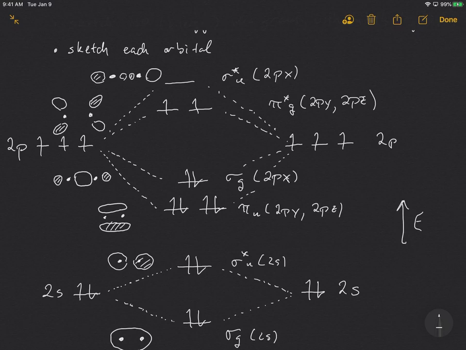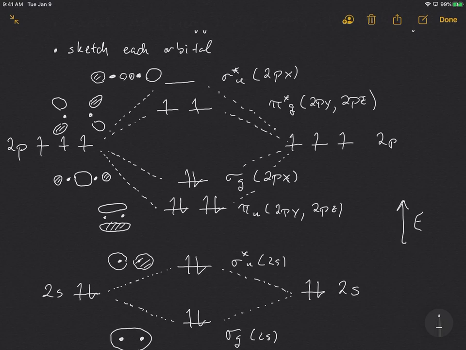Also, of course, this places one electron in each of two different orthogonal molecular orbitals. So those molecular orbitals occupy different regions in space. And one of them is sort of in the plane and the other one is out of the plane.